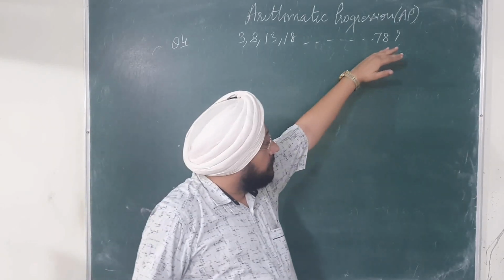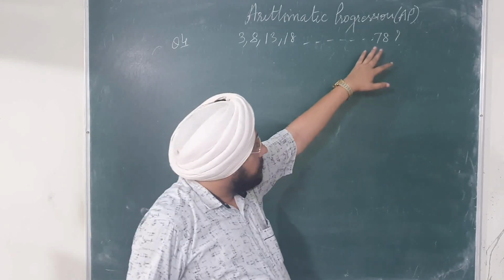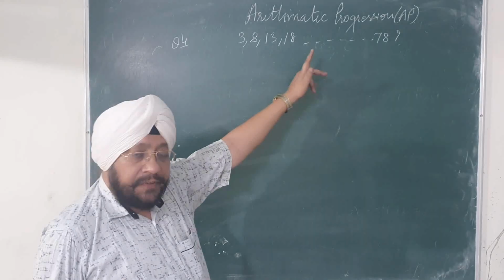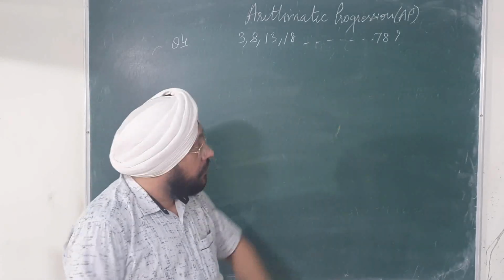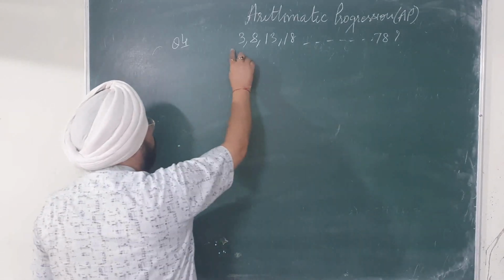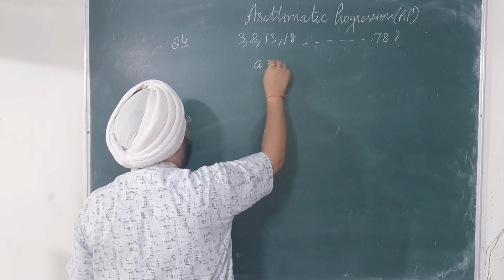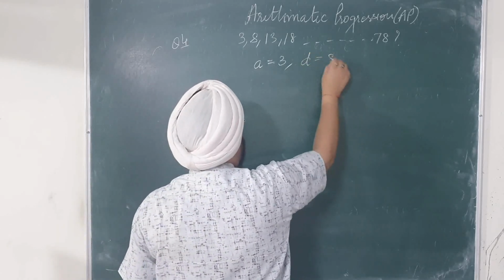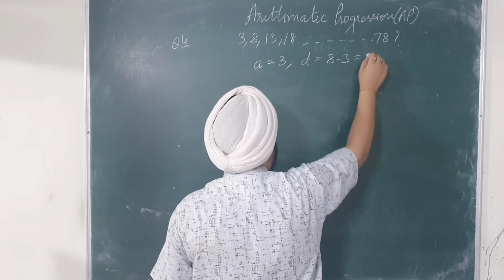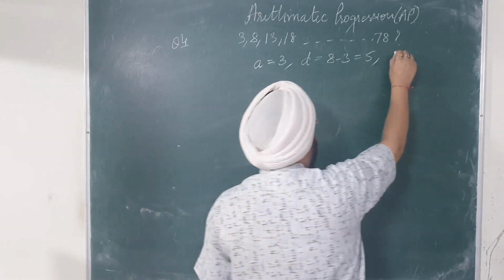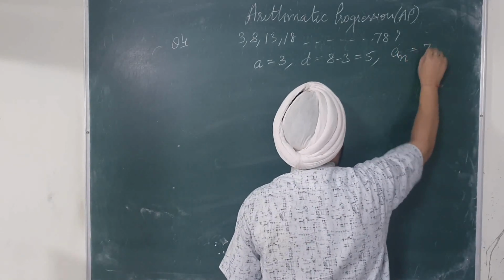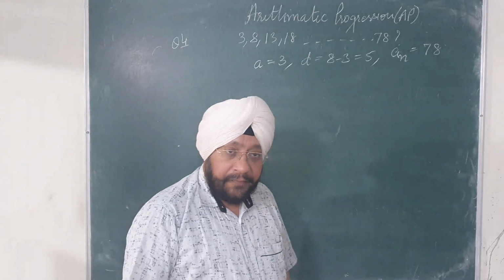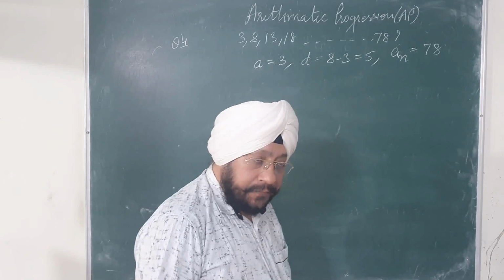So it means if this is the particular term, then this must be equal to an, and we have to find the position, that is, we have to find the value of n. So what we have to do, from this AP we will calculate a, which is equal to 3. d is the second term minus the first term, which is equal to 5, and the particular term means the nth term, because we don't know what the position of this term is. Clear? So we just take it as an.